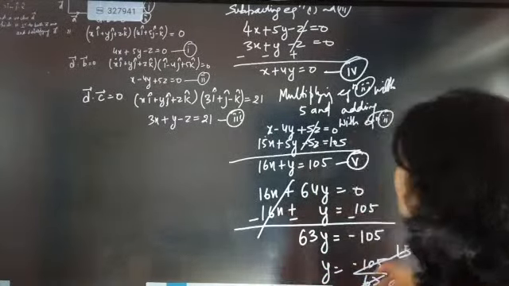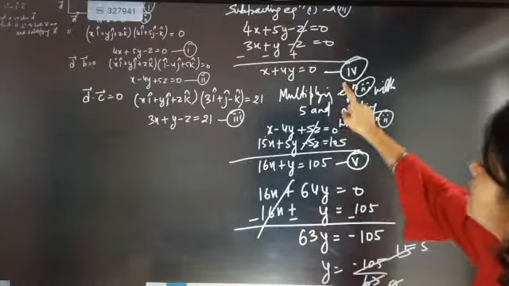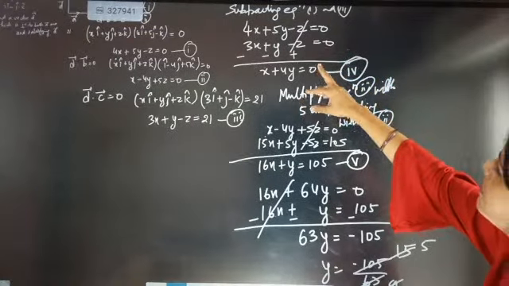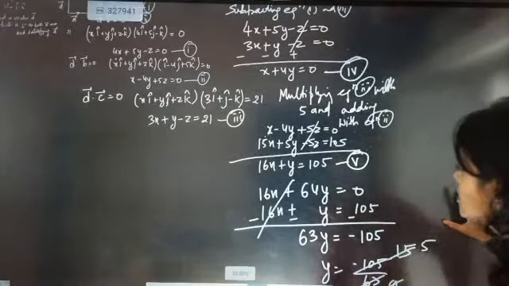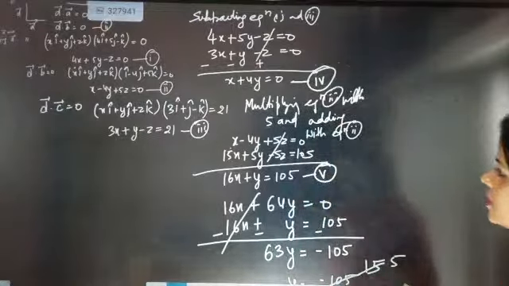Check once, yaar. Here it is coming as x plus 4y. Check any time the calculation, because it will be very difficult for me to find a mistake later.